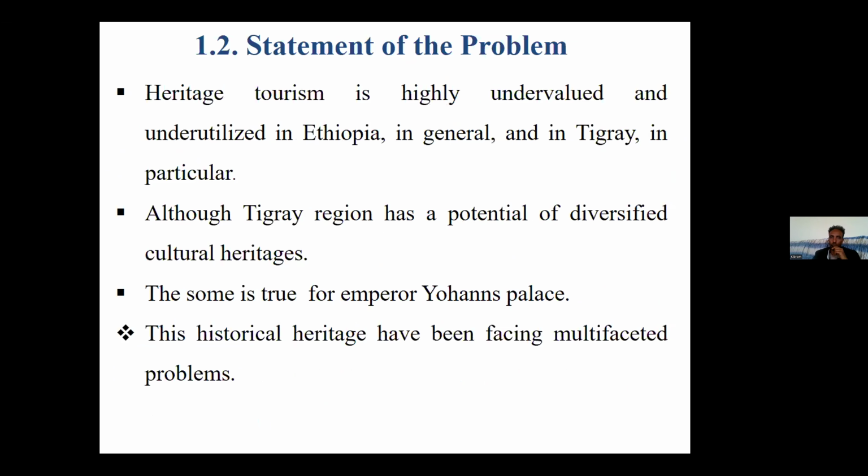Let's jump to my statement of the problem, that is, the visible problems on the site, basically on Emperor Yohannes Palace found in Agulae. The site has different gaps. Although it is physically in good condition, to keep its originality it needs many interventions.